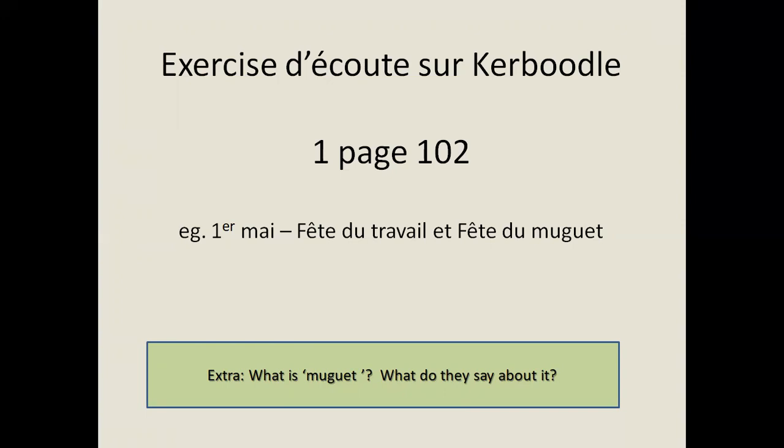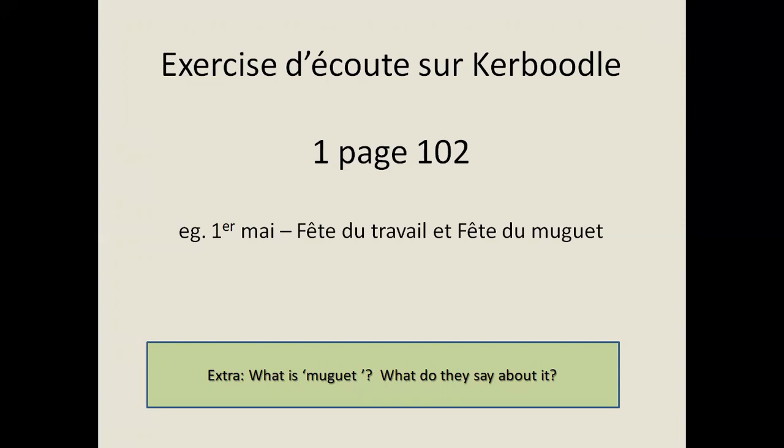Le 11 novembre, c'est l'armistice de la Première Guerre mondiale 1914-1918. So 3 matches A. Number 4, 14 juillet. This is obviously la fête nationale française, prise de la Bastille de 1789. So 4 matches E.